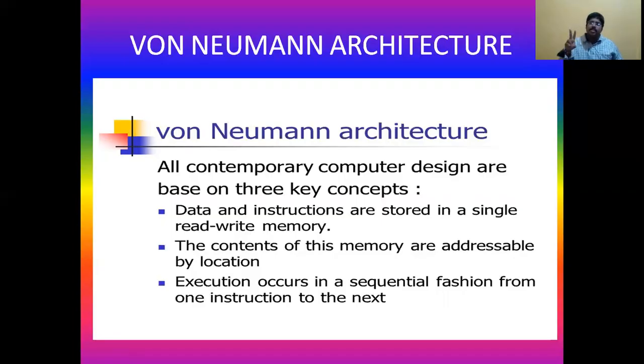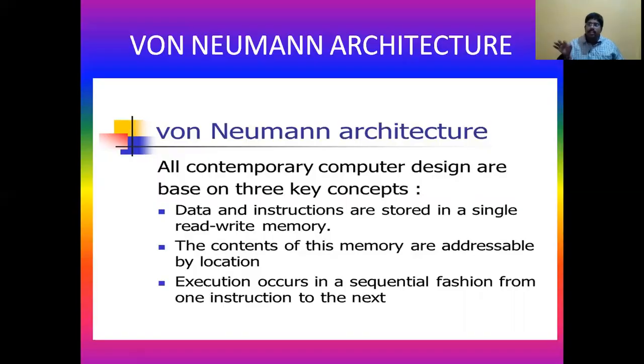There are two basic important architectures that are present. First one is von Neumann architecture. The other name for this von Neumann architecture is Princeton architecture, and the other one is Harvard architecture. So we are having von Neumann architecture and Harvard architecture. Okay, what is the basic difference between these two?